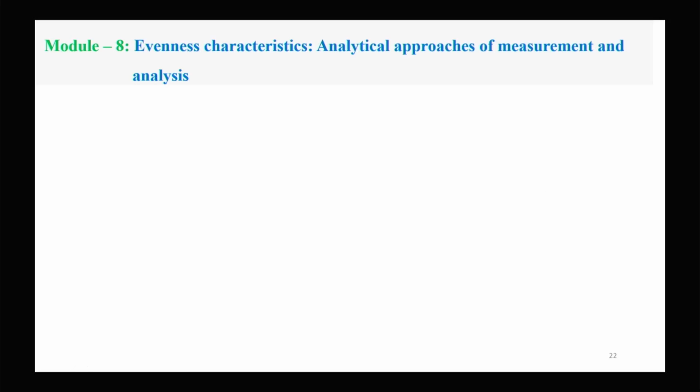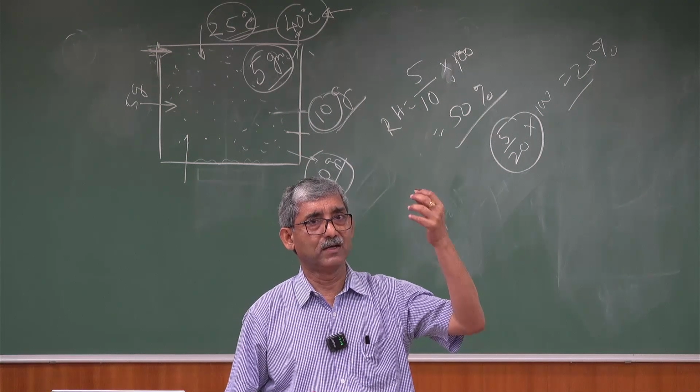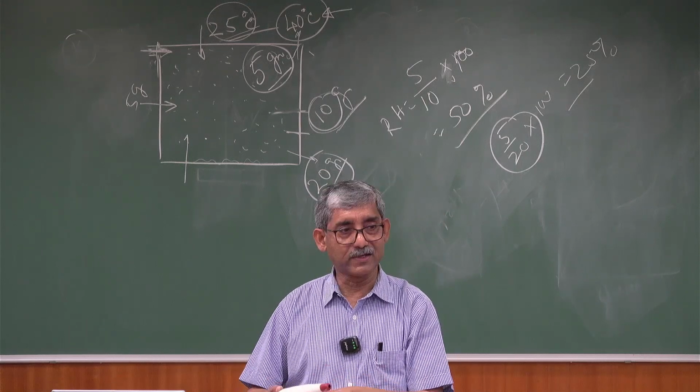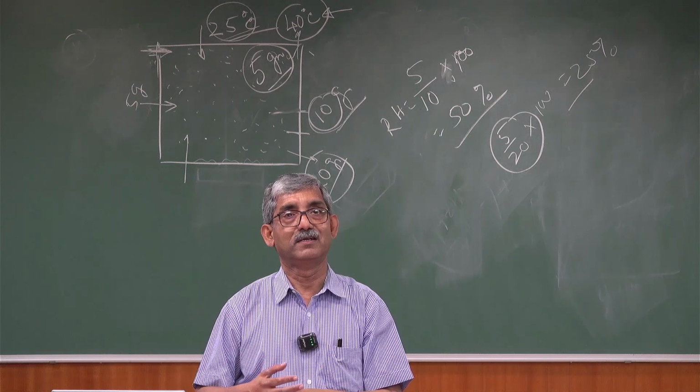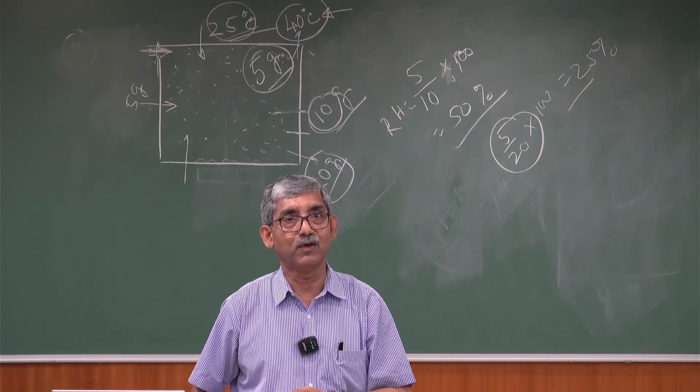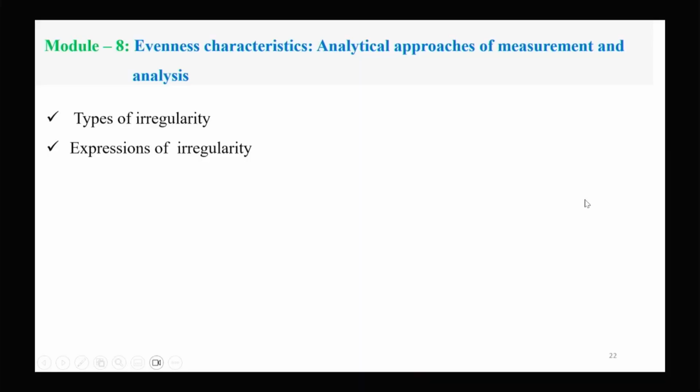Then evenness characteristics. Evenness means not only the mass evenness, it may be the evenness of fiber, yarn diameter, maybe the twist evenness, twist variation. So there are different types of irregularities. Expression of yarn irregularity is there.